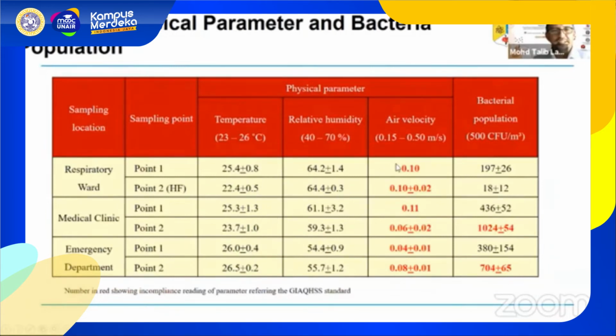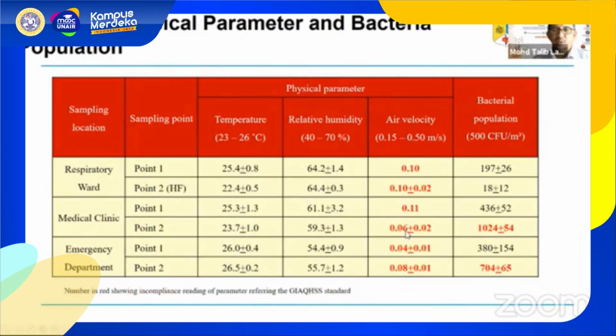The air velocity in hospitals suggested by the standard is 0.15 to 0.50 meters per second. But in our hospital, the air velocity is only 0.1, below the value suggested by the standard.